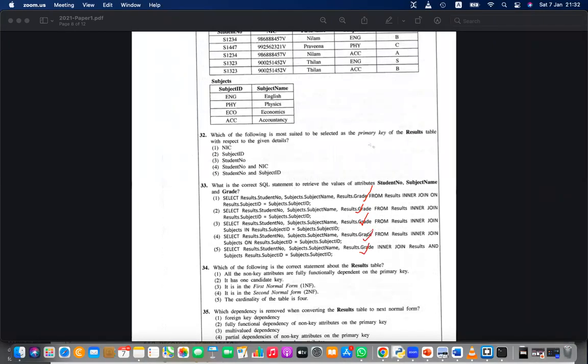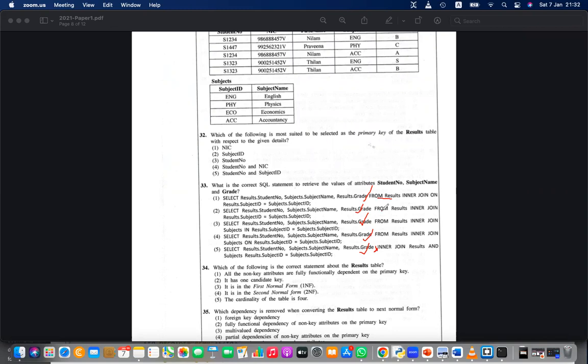Then here, if you do an inner join without from, there is a small problem. That's a problem. But the other four look similar.